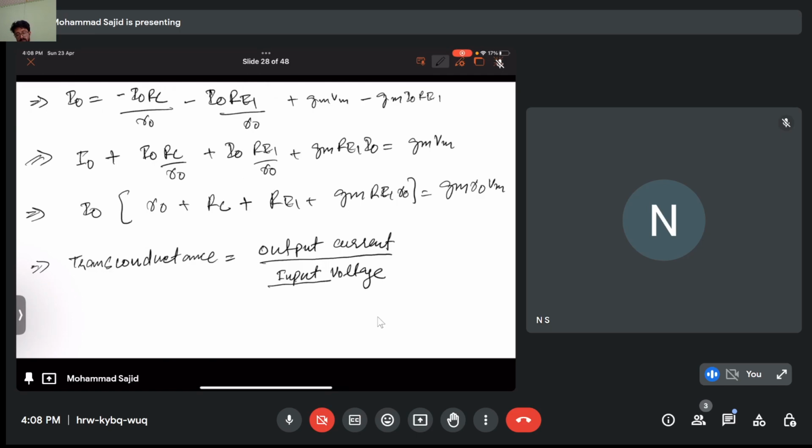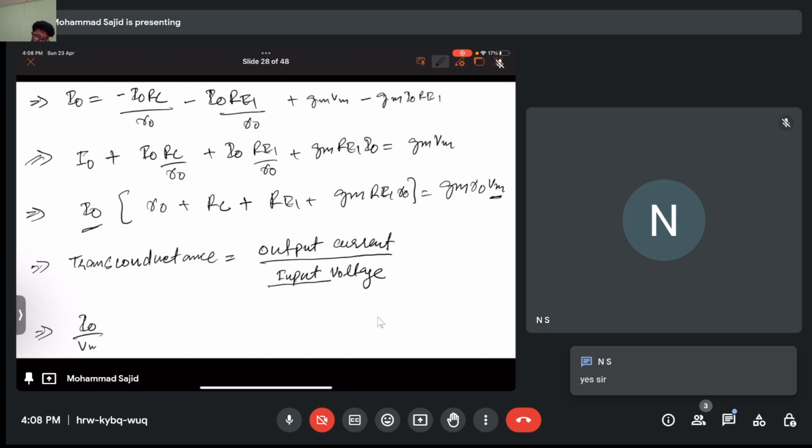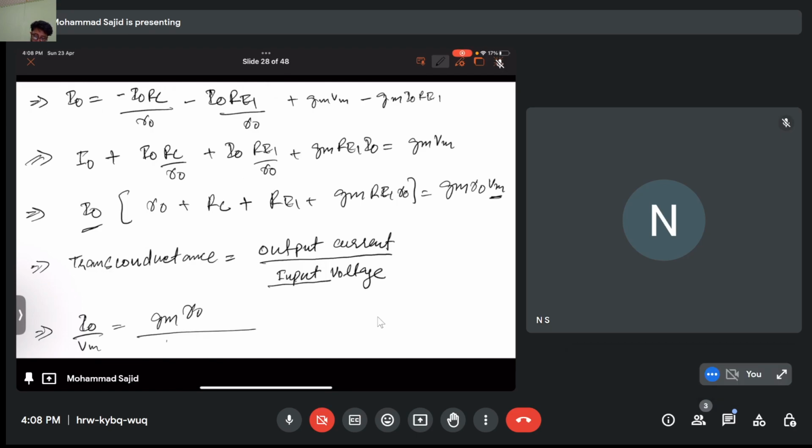So transconductance is output current by input voltage. So here we have input voltage, we have output current. So we can write I output by V input is equivalent to Gm R naught divided by R naught plus Rc plus Re1 plus Gm times Re1 R naught in the denominator.